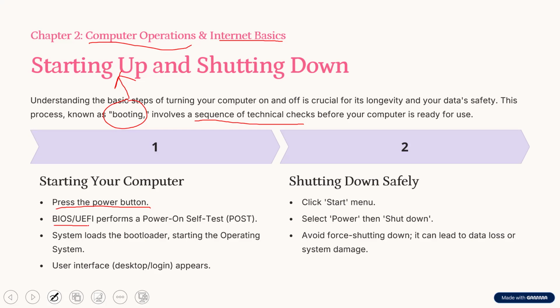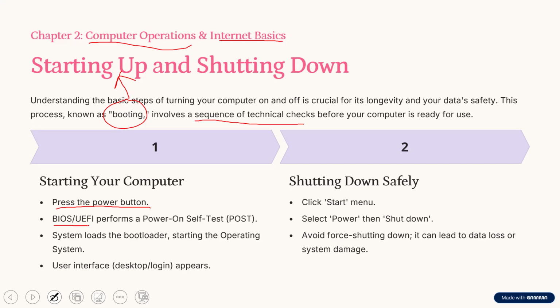For instance, it will check whether the RAM is installed and ready for use. It will check the CPU. It will check the basic input and output, like your keyboards, your mouse, all those.